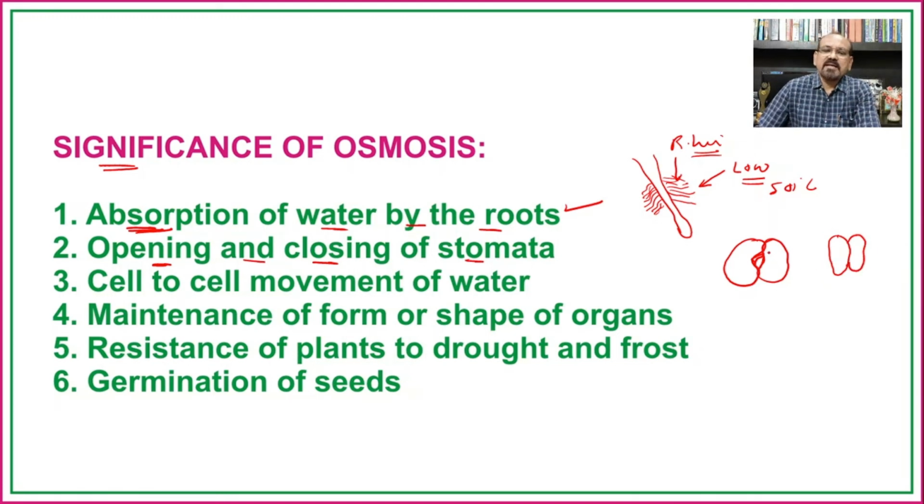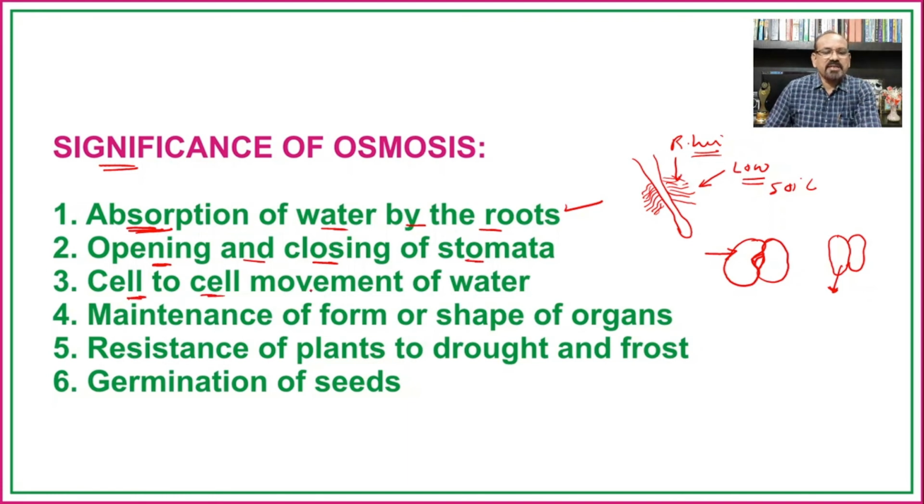It means that the entry of water inside the guard cell is endosmosis, and when there is exosmosis, the water leaves the guard cell and there is a closure of the stomata. This means that osmosis is completely responsible for the opening and closing of the stomata.